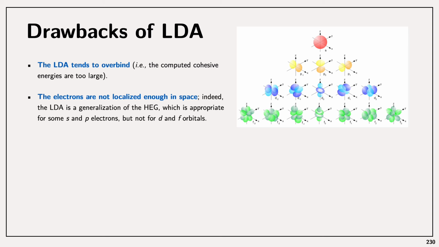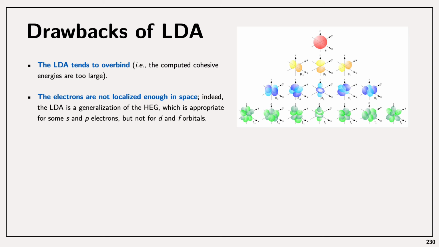And LDA also has an issue with not localizing electrons enough in space. So LDA tends to have a dilute system. And so this is something that's important, in fact, when you do calculation in reality, because those orbitals that we talk about, so the atomic orbitals that are involved, for example, s, p, d, and f, like in this plot, each of them show a different level of localization.